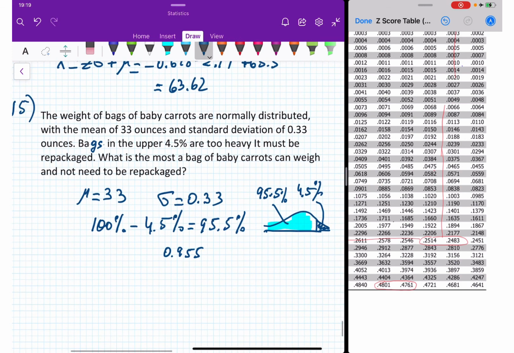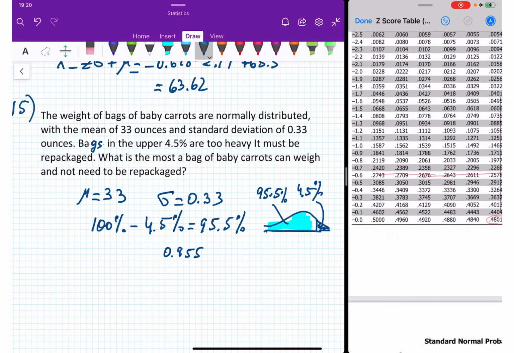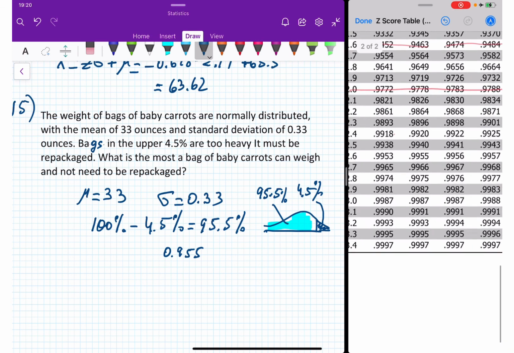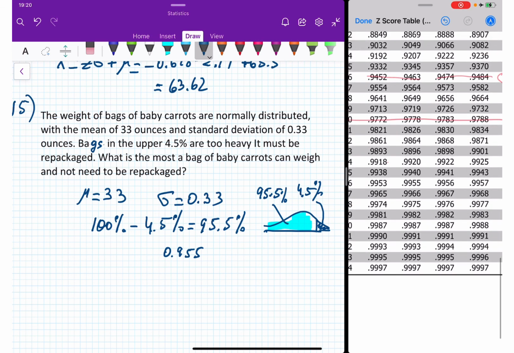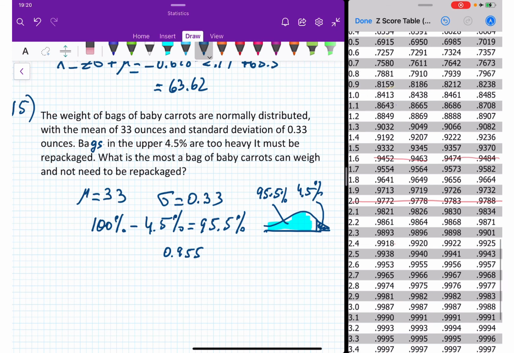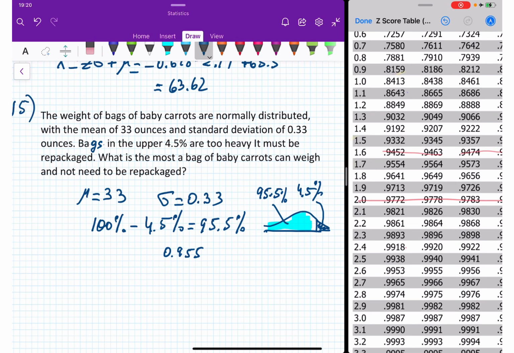Yes? So we are heading to positive z-score. 0.955. 0.9554. Here it is. No, 0.9554. It would be 1.7.